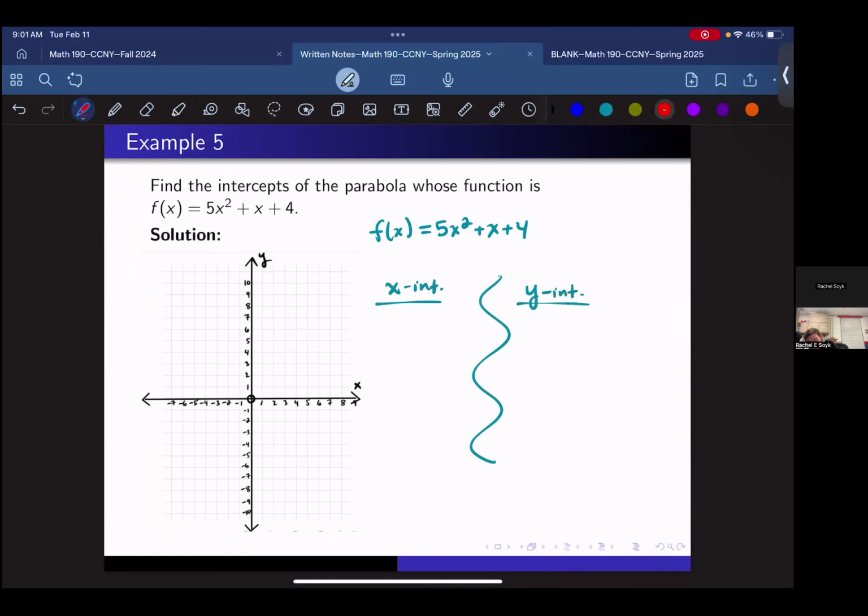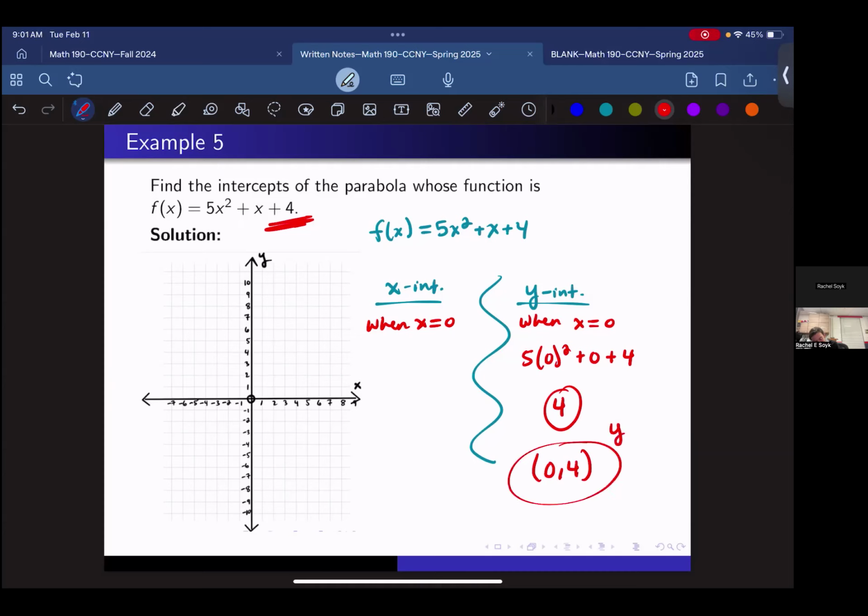I'm writing the definitions again. Y-intercept is when x equals 0, x-intercept is when y equals 0. Let's do y first because it's really just our constant, right? Everything else ends up going to 0. So in coordinate point form, we're just looking at (0, 4).